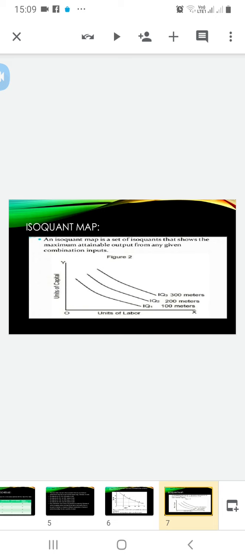The downward slope of the isoquant is due to the technical substitution between factors L and K. The marginal rate of technical substitution in isoquant analysis of production is similar to the marginal rate of substitution in indifference curve analysis in consumption. Marginal rate of technical substitution of factor L for K may be defined as the amount of factor K which has to be foregone to increase factor L by 1 unit.